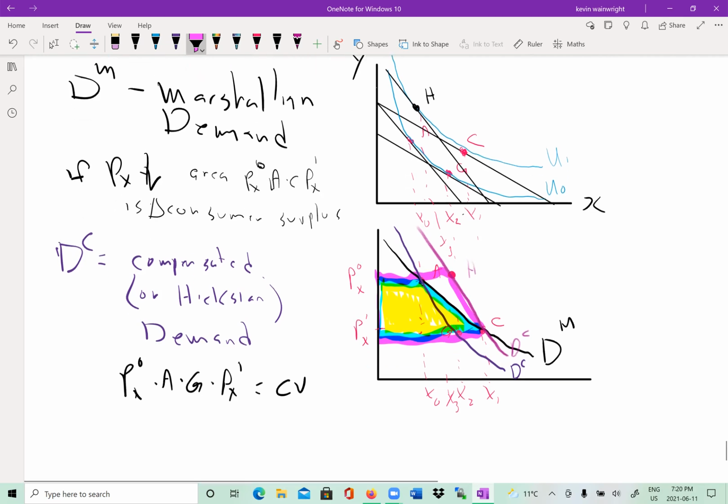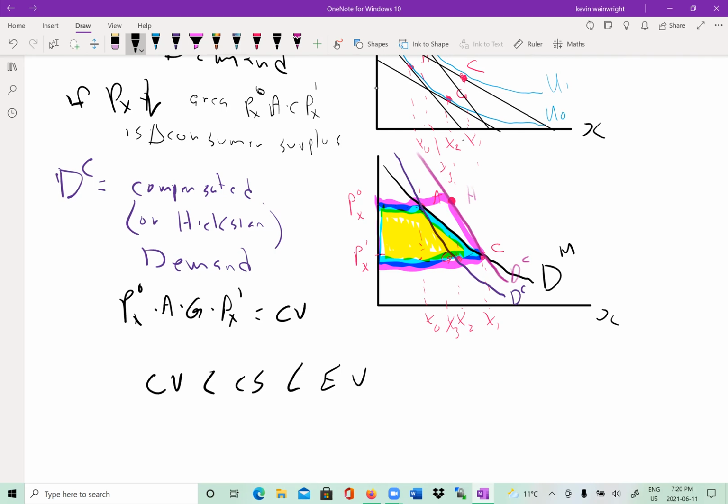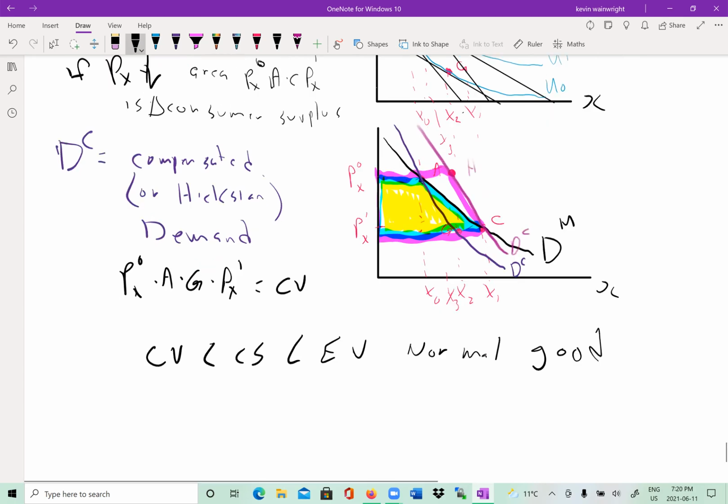So this is what's referred to as a normal good. So CV is less than consumer surplus, but it's less than EV for normal goods. And those are goods you buy more of when your income goes up, not the price.